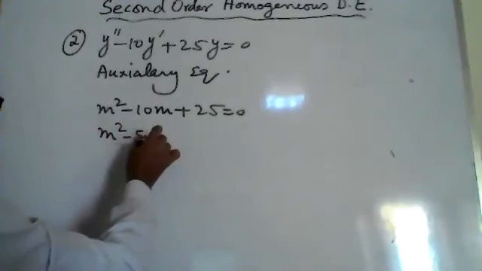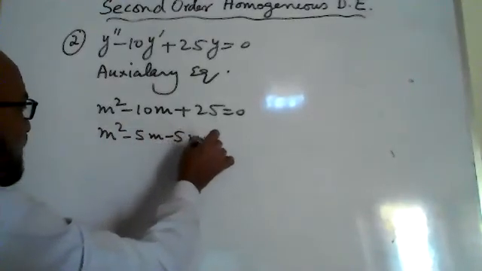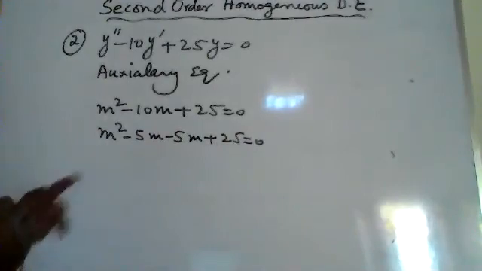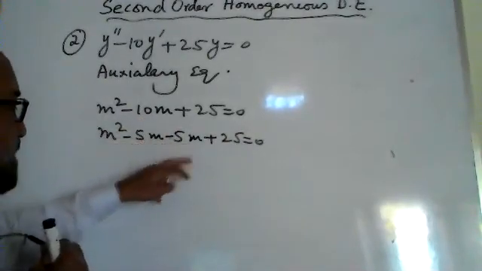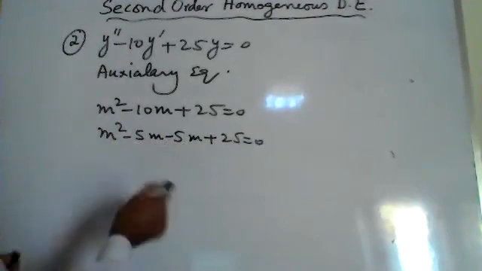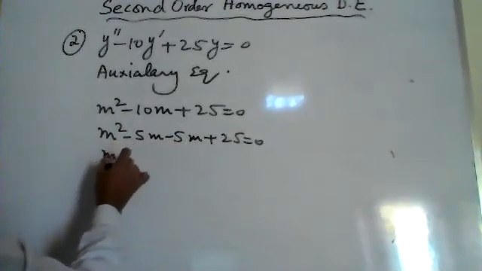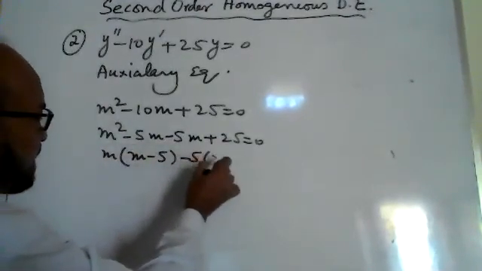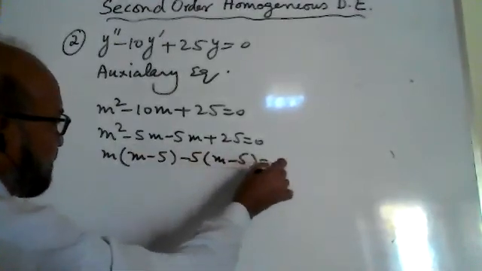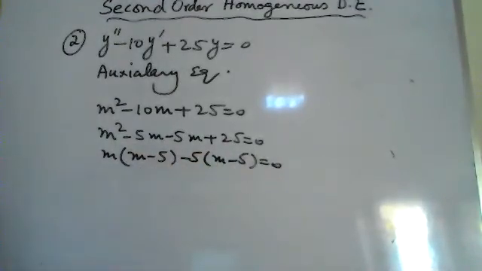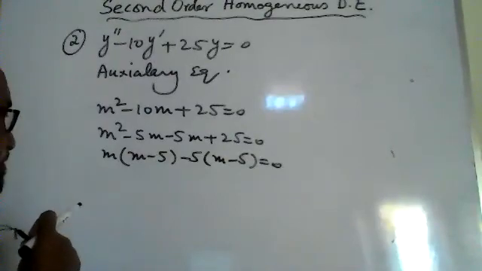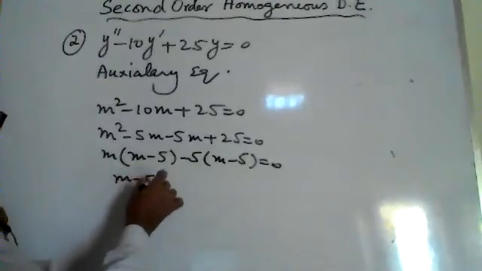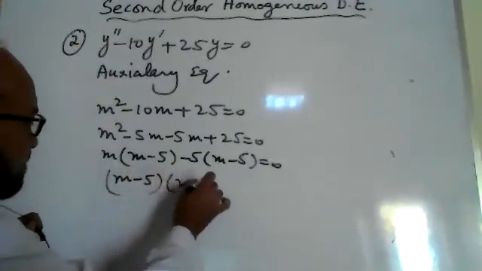M square minus 5m minus 5m plus 25 equal to 0. So minus 10m has been broken into minus 5m and minus 5m. Now from here m is common, m minus 5. From here minus 5 is common, m minus 5. Both brackets must have the same expression. So m minus 5 is common into m minus 5.